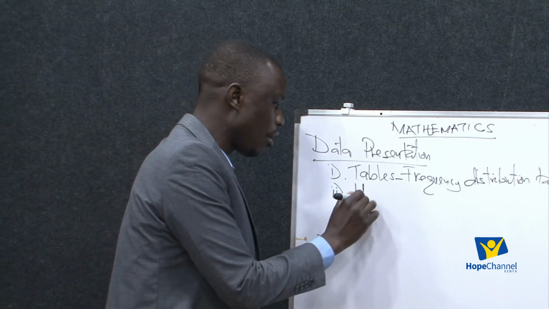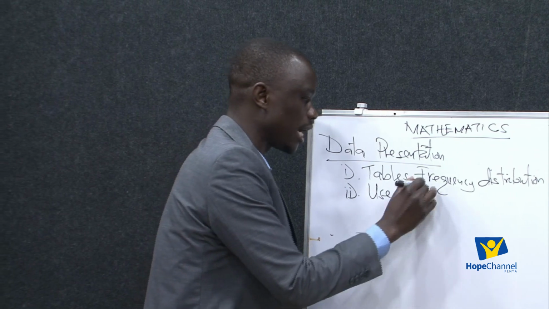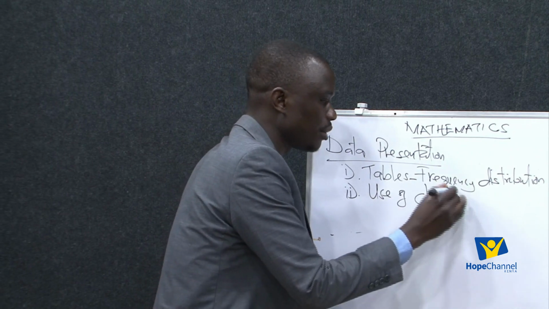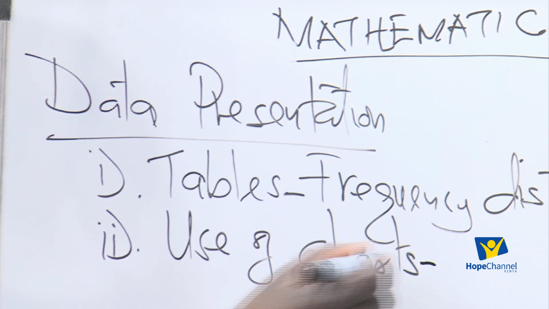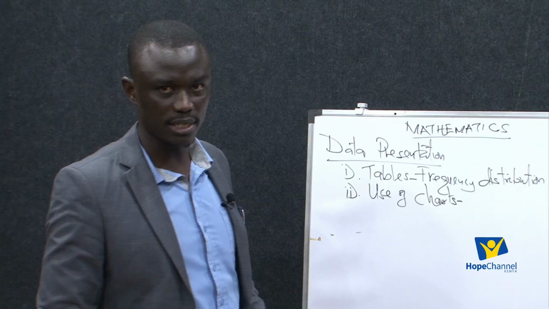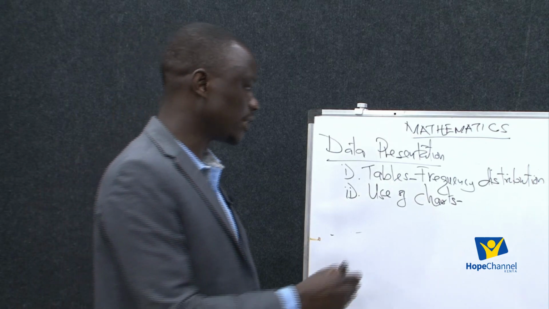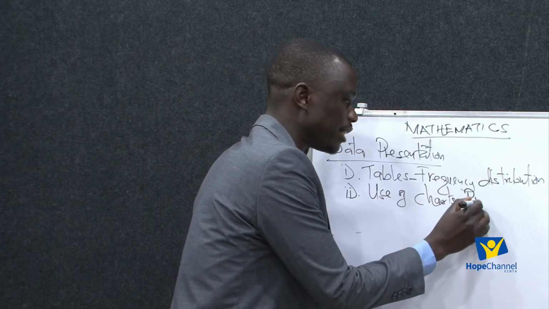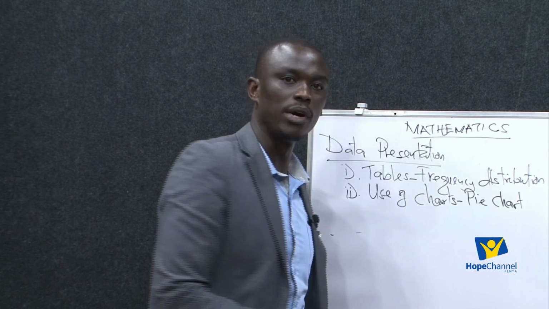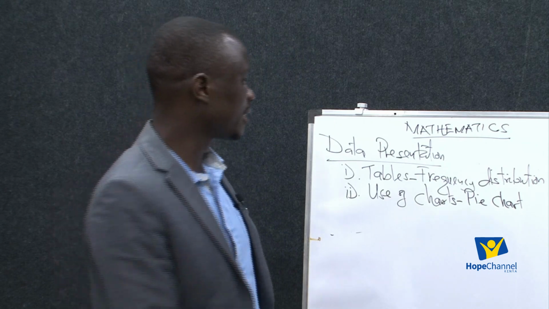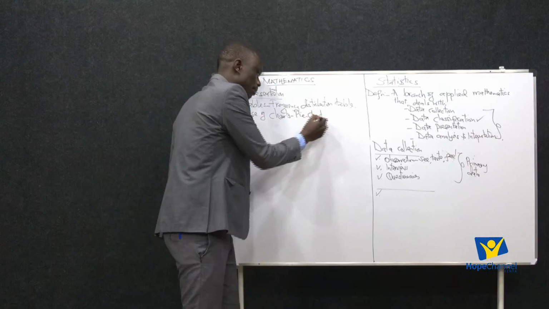Another way of presenting data is use of charts. We can use charts to represent data. The common chart that we use is the pie chart. I know you studied it, you have come across it since your primary level.